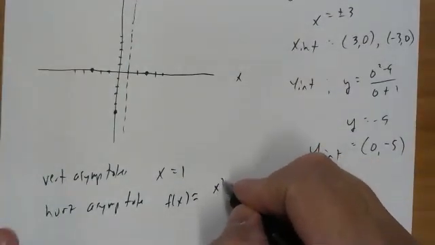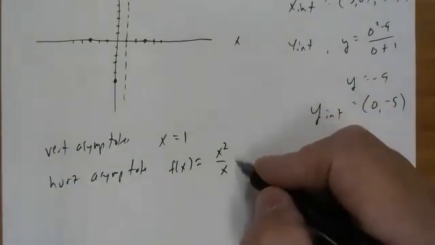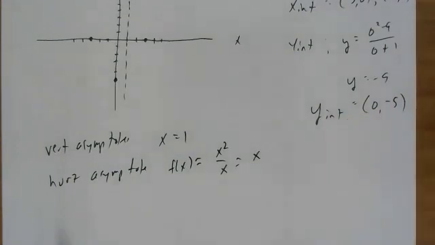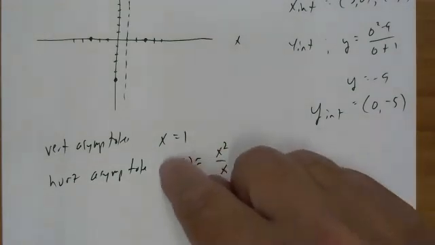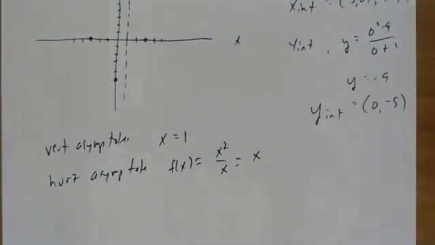I'm left with x squared over x. And when I cancel, I'm left with x. So it turns out the function is always increasing as x is going up. So there really isn't a horizontal asymptote because it just keeps growing and growing. It's not leveling off.